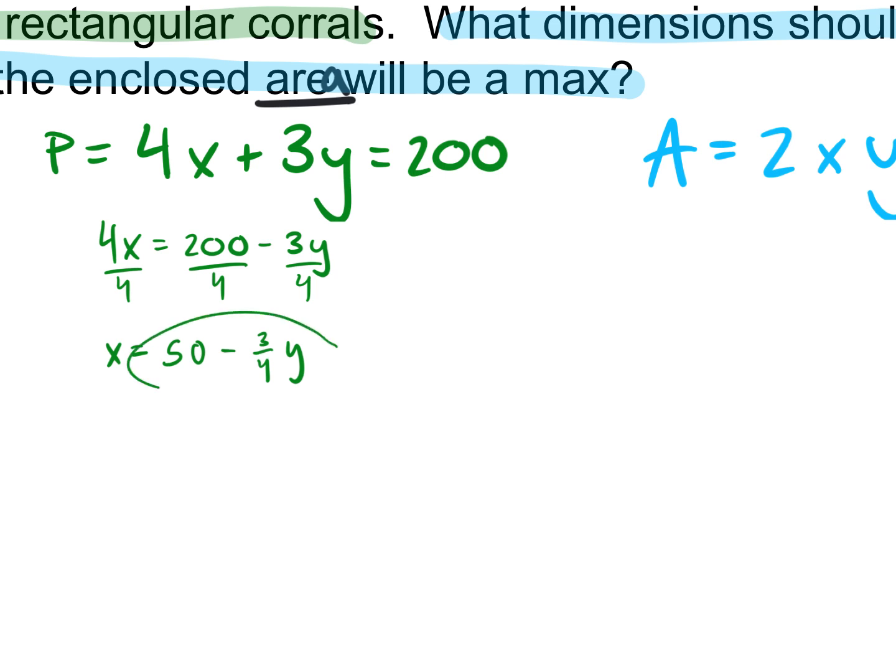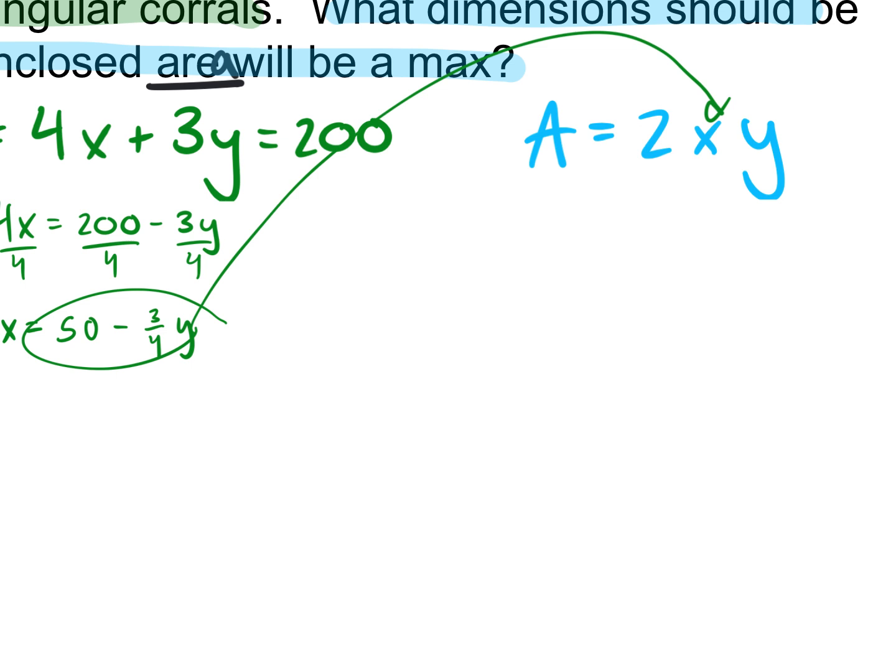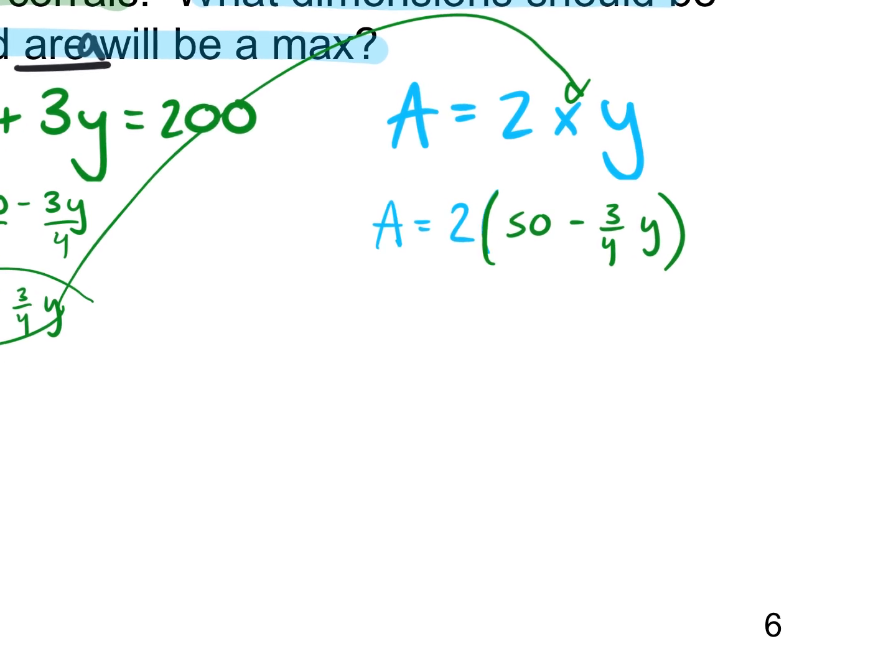Now we can take this and substitute it into the x here. So when we take our derivative, we only want one variable in that equation. So we have 2 times 50 minus 3/4 y times y. We could totally find the product rule here when we do our derivative, but let's simplify it to make it a little bit easier for us.